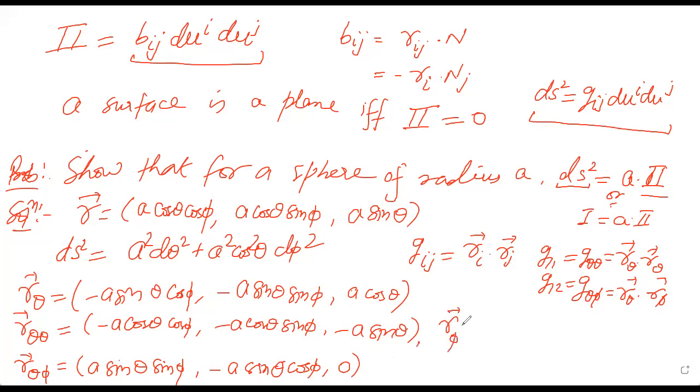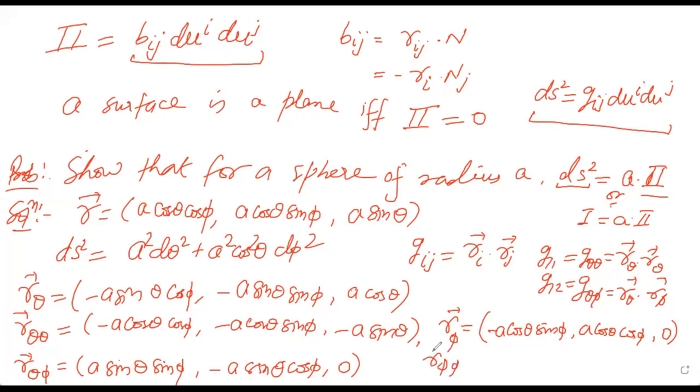So r phi will be how much with respect to phi? Differentiate r with respect to phi. This is your r. So minus a cos theta sin phi, a cos theta cos phi and 0.